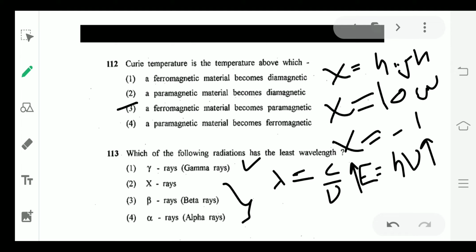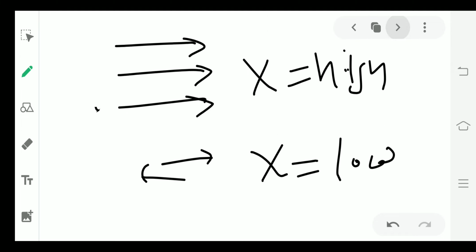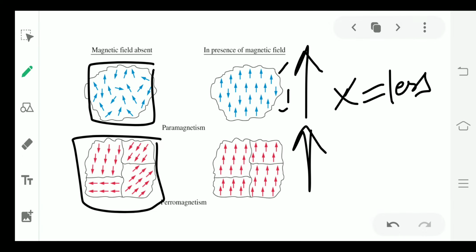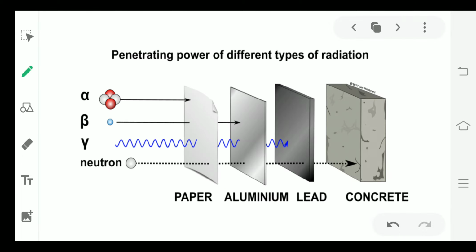We can understand it clearly from the diagram given here. Penetrating power of different types of radiations. Alpha is simply a doubly ionized helium atom, beta is a positron or electron, gamma is an electromagnetic photon, and neutron is from the nucleus, as in nuclear reactors.